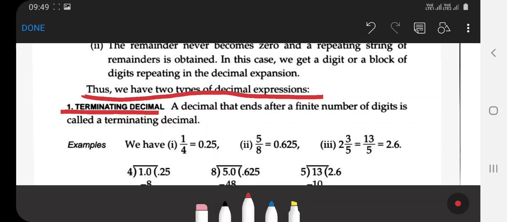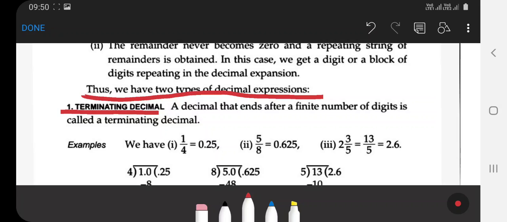So a question arises, what is a terminating decimal? A decimal that ends after a finite number of digits is called a terminating decimal.